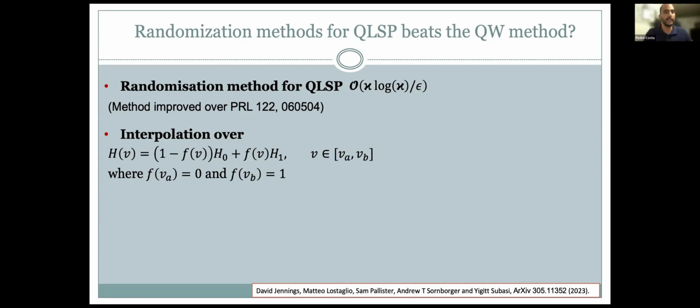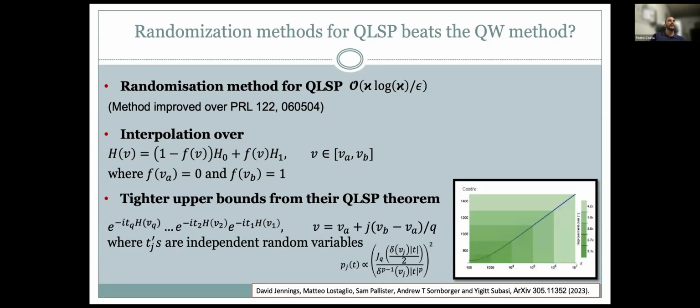And the idea is that the results show up using this randomization method, which has this time evolution operator, this sequence of exponentials of these Hamiltonians with different values of v interpolated between VA and VB.